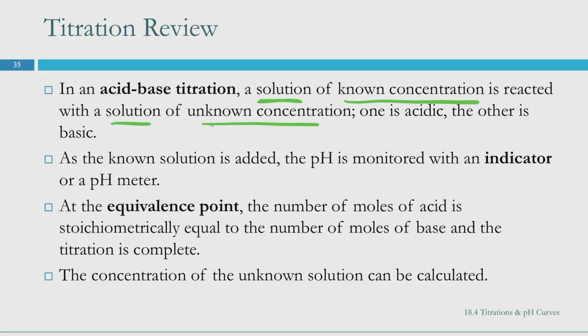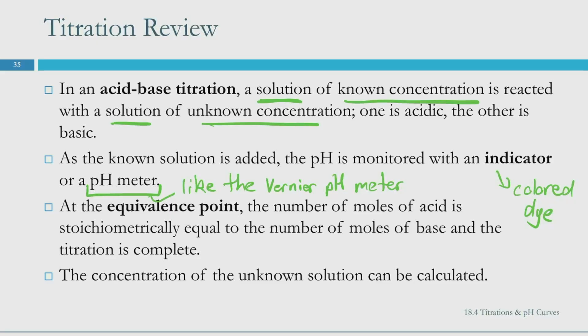And then we can monitor those either with a pH meter, like the Vernier set that we're using, or an indicator, a colored dye that changes with pH. That's what we did in 3A and 1A.